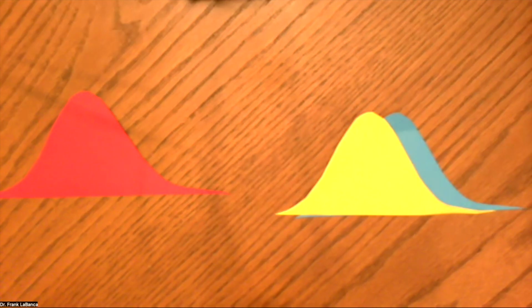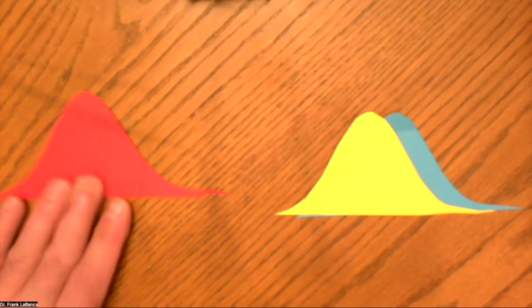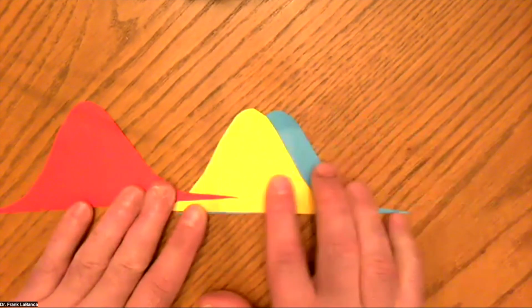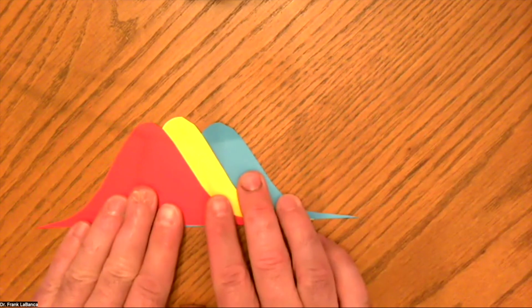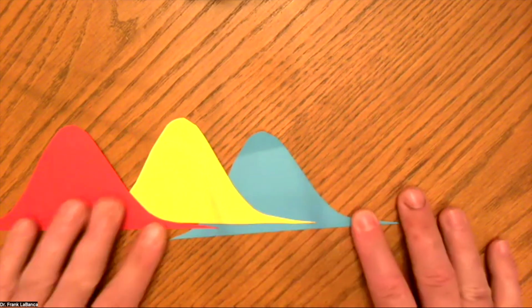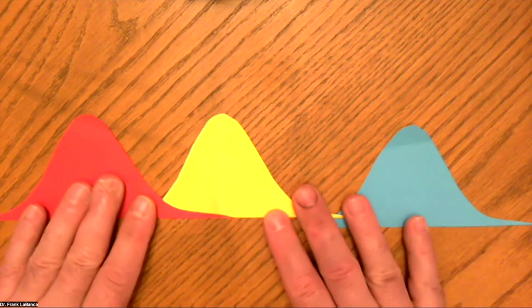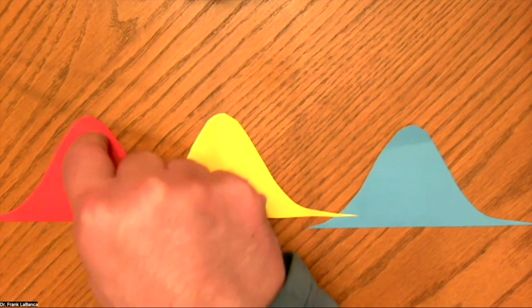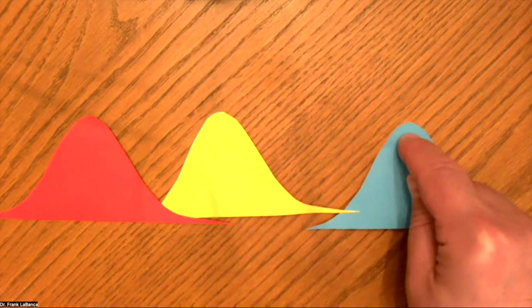If we have four, five, or six, then we have even more combinations to consider. But it's all basically the same thing: are the means similar or different from one another? And remember, we're just comparing the means.